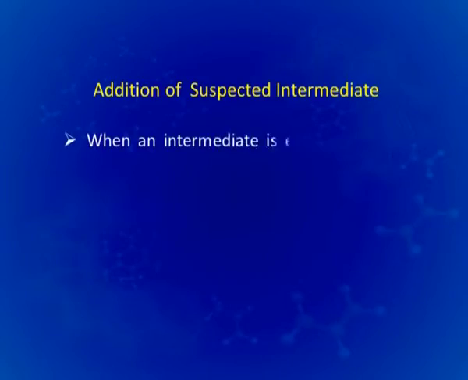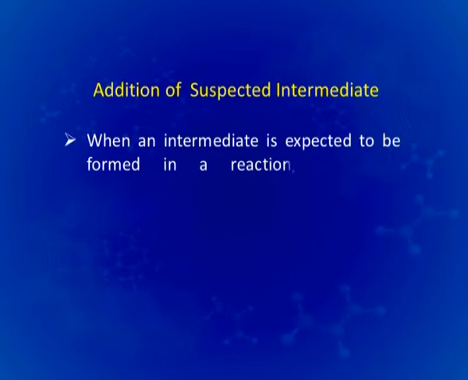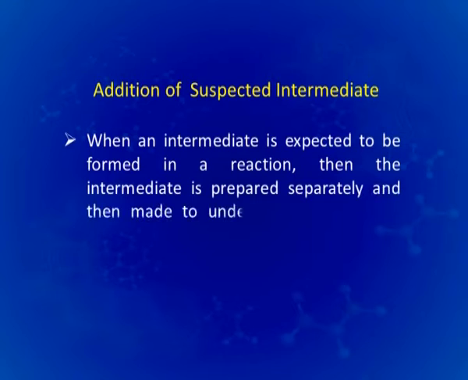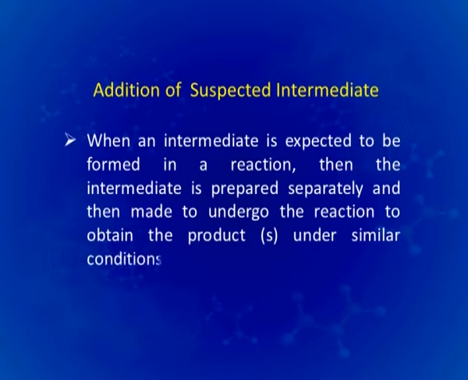Suspected intermediate is the one where we suspect that this could be the intermediate. So, when an intermediate is expected to be formed in a reaction, the intermediate is prepared separately and then made to undergo the reaction to obtain the product or the products under similar conditions.